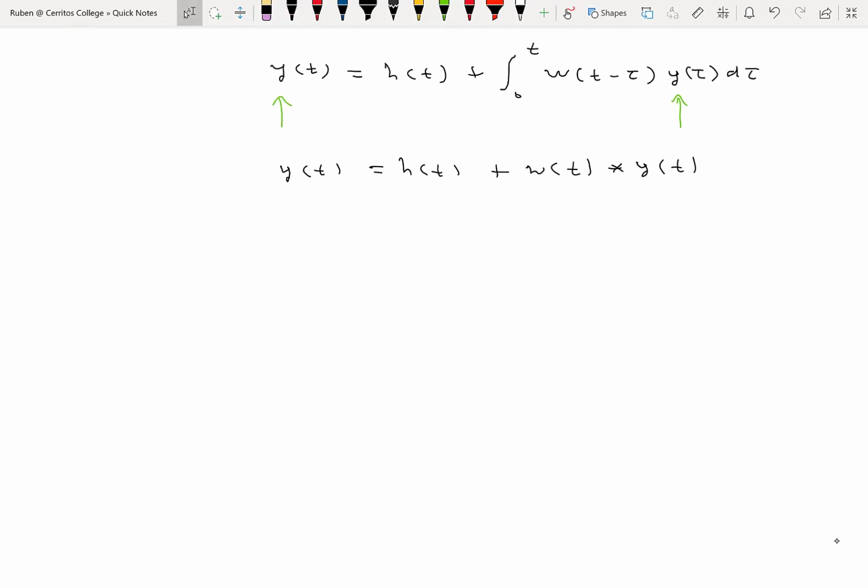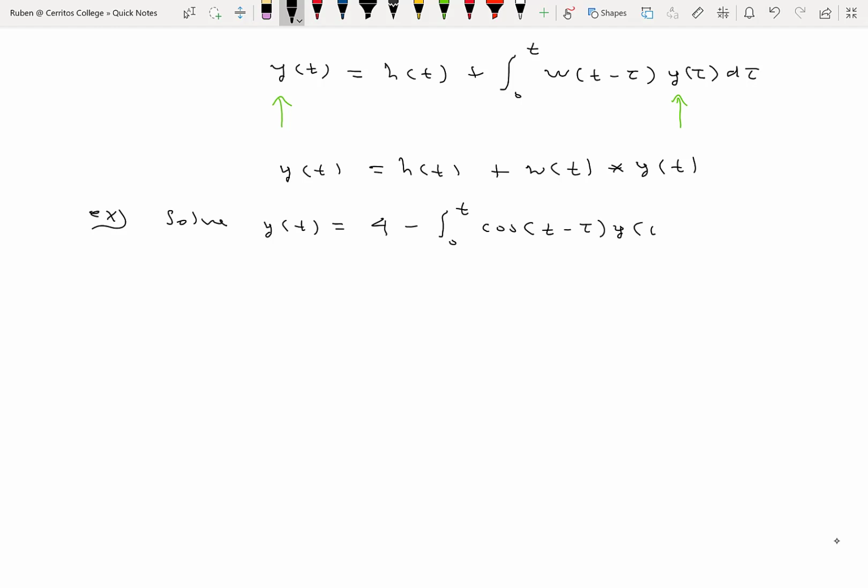In any case, let's solve a specific example. So for example, solve the equation y of t equals the constant 4 for h of t, minus the integral from 0 to t of cosine of t minus tau times y of tau.